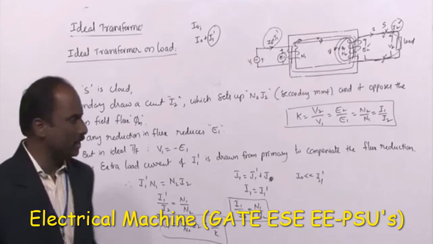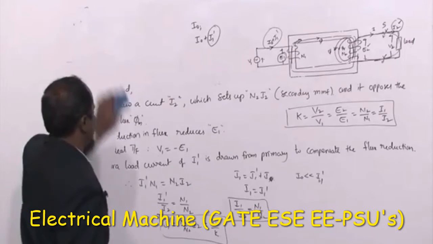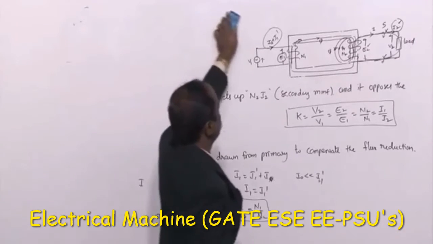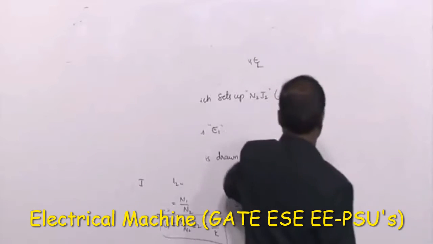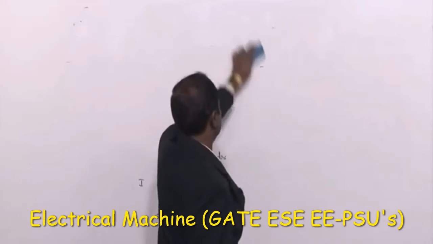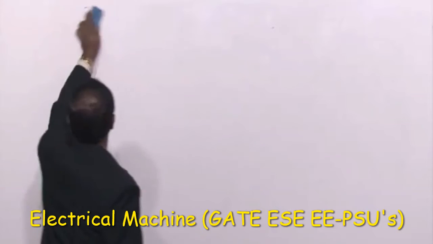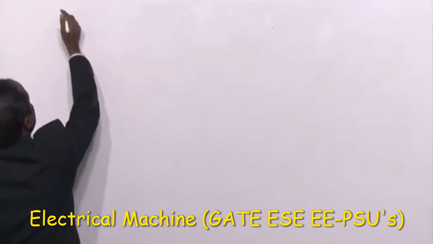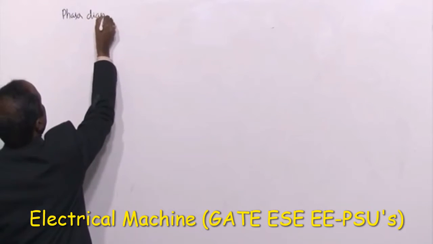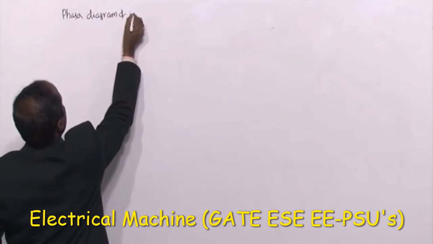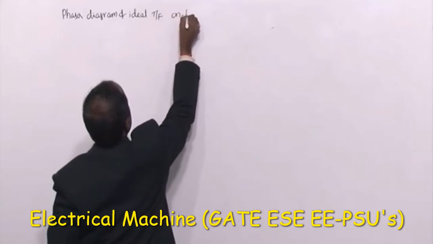But coming to loaded condition, we are going to plot the phasor diagram of an ideal transformer on load.